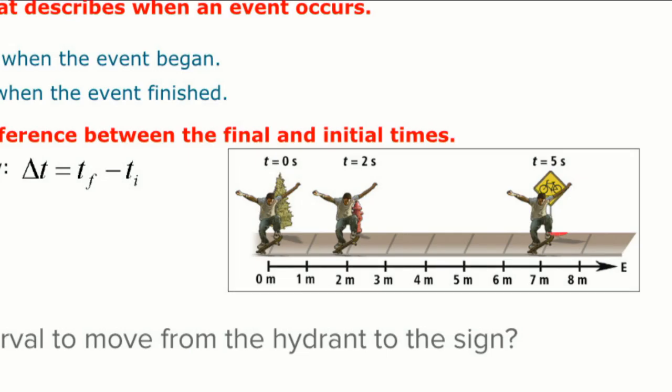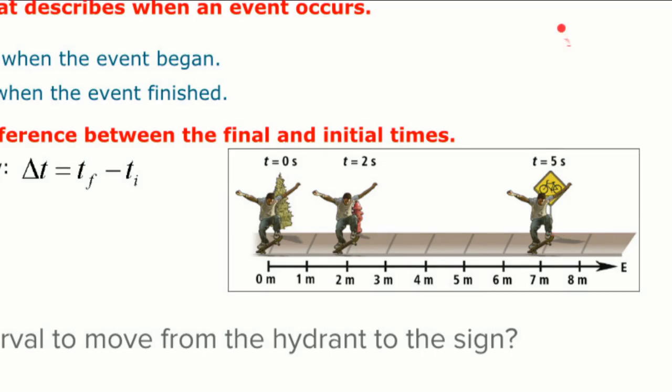Perfect, Haley, thank you. 5's right. But what you're actually doing is you're taking the final time, 5, minus the initial time, which was 2. So 5 minus 2 gives you 3. So the event took 3 seconds.